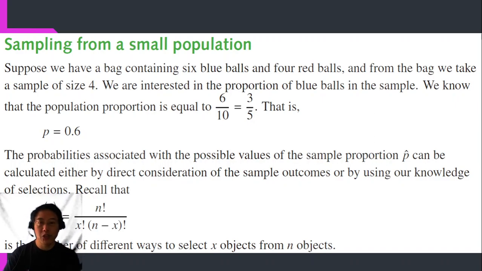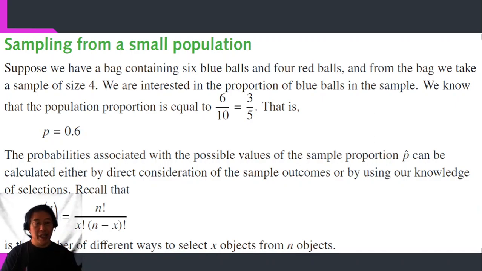Our small population here is a bag of balls. You have 6 blue and 4 red. That is your population, and we're going to focus on the number of blue balls. So the population proportion, which is fixed, is 6/10 or 3/5 or 0.6.